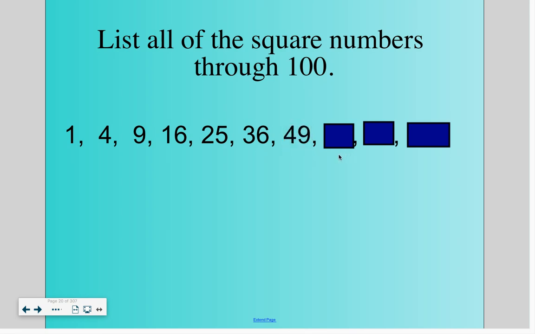Our next one would be 8 times 8. What would our next one be? Our next one, 8 times 8, would be 64. 9 times 9 is 81. And our last square number is 10 times 10. Our last square number through 100 would be 100.